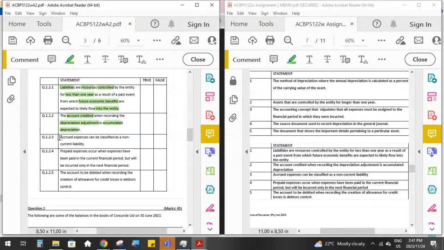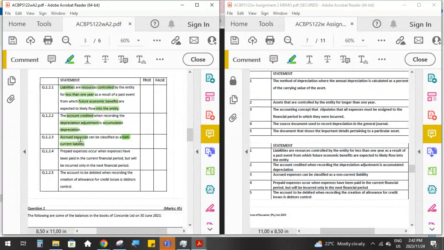Then the third one, accrued expenses can be classified as a non-current liability. So what's the difference between non-current and current? Current, we will settle that liability within the next 12 months. Non-current, the liability will only be settled further out in advance than 12 months.